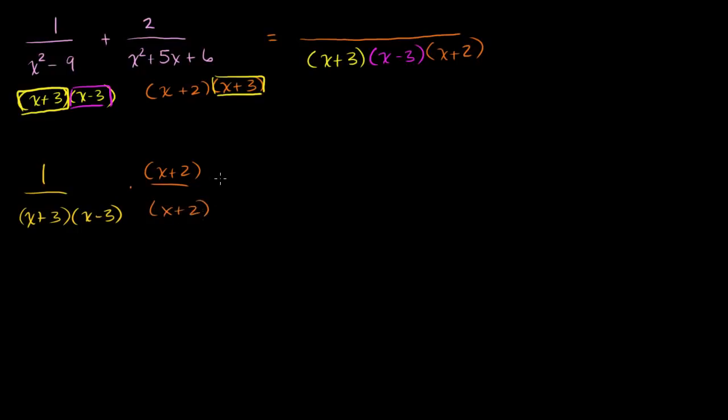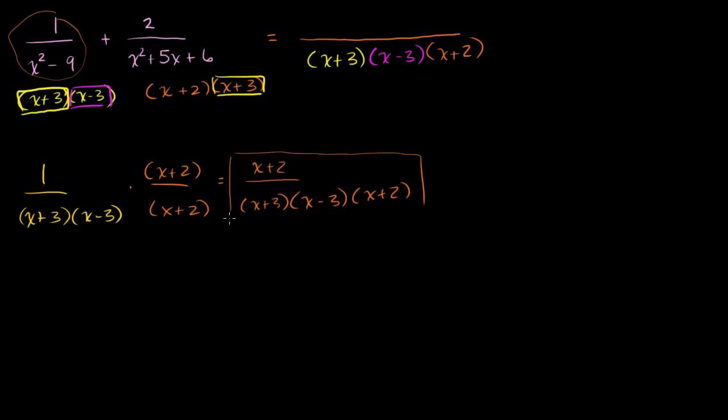So this expression will become x plus 2 over x plus 3 times x minus 3 times x plus 2. That is the first term.